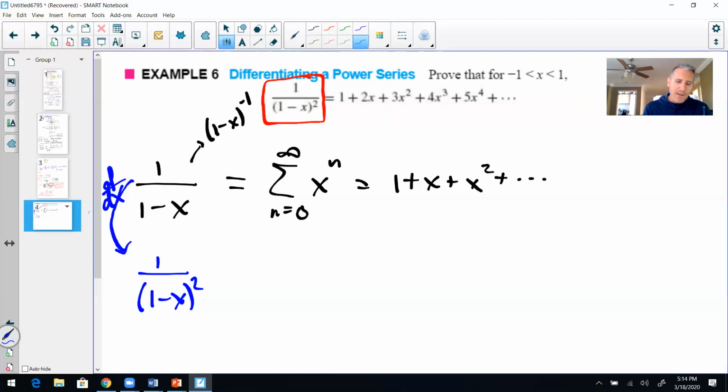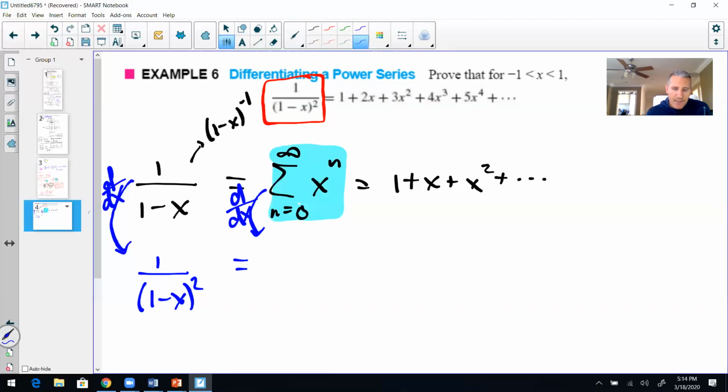So knowing that, all I have to do is differentiate this whole thing with respect to x. So let's differentiate that with respect to x. And what would I get?